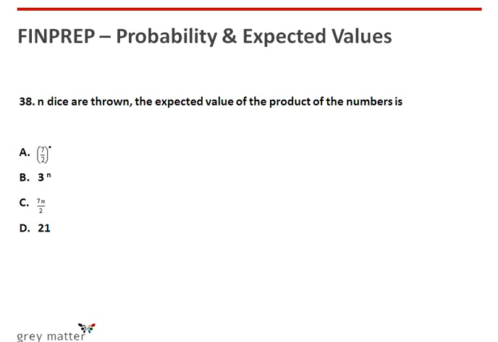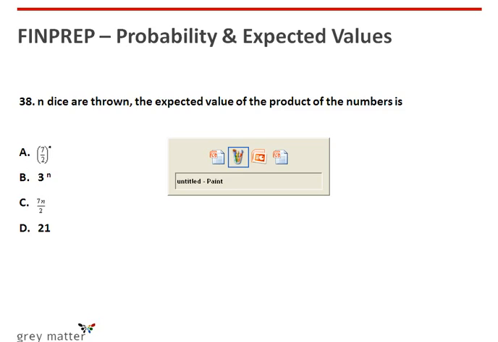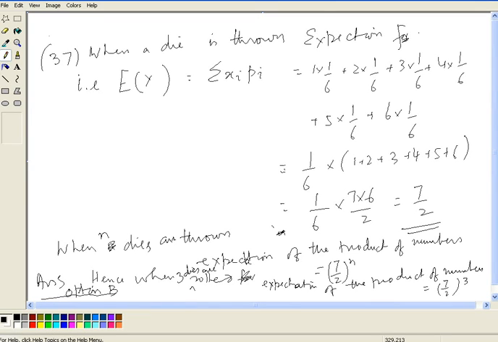Now 38th problem, n dice are thrown, the expected value of the product of the numbers. If you see the previous problem work area, as told, if it is a single die, you get 7 by 2, and in the generalized case, when n dice are thrown, the expected value of the product of the numbers would be given by 7 by 2 whole power n, which was already explained in the earlier slide.